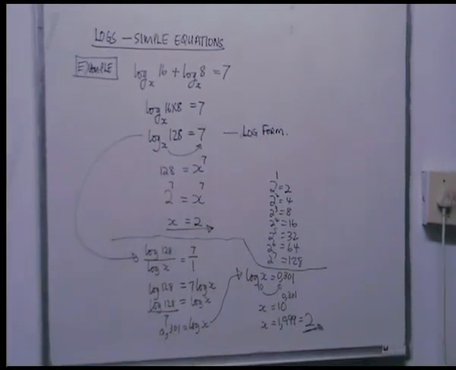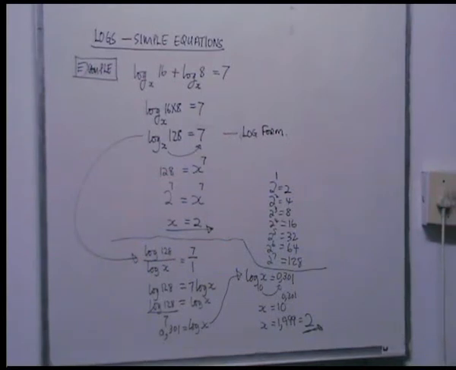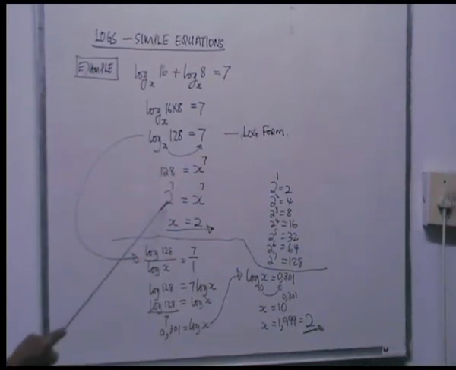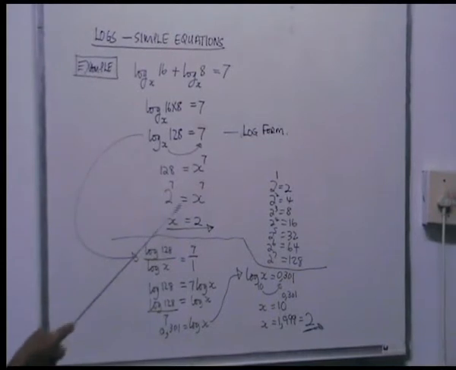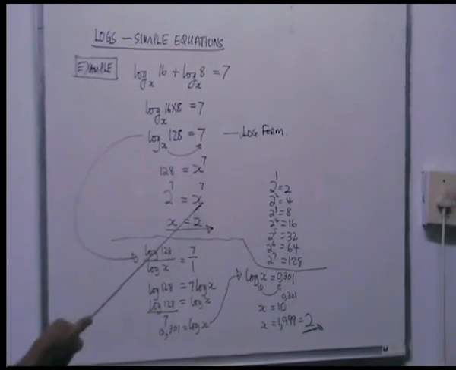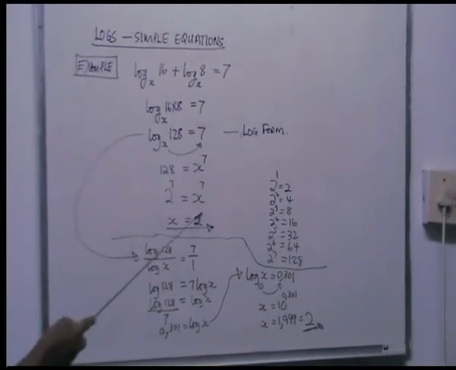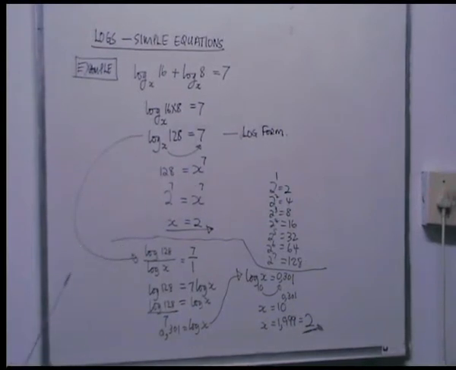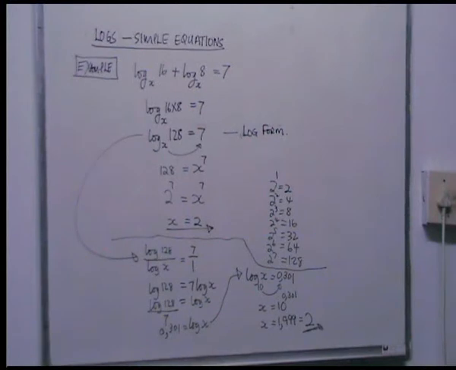Remember the other rule, if the bases are the same, you can make the indices equal. So there's two rules, you see. If the indices are the same, you can make the bases equal. If the bases are the same, you can make the indices equal. That is something you learned under powers. Alright, let's give you an exercise and then you can try that and we'll take it from there.